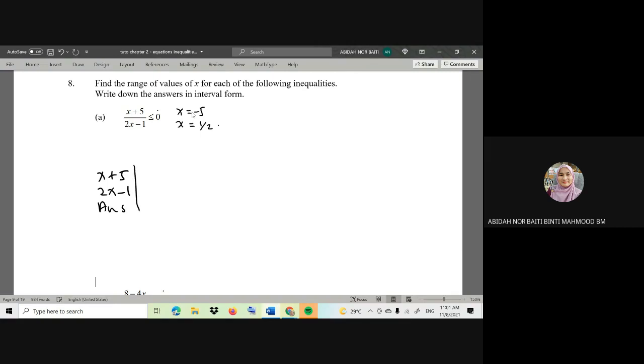At your first row is your number line. We arrange from smaller to greater. So put all your values of x: from negative infinity, and then -5, and then half, and positive infinity.